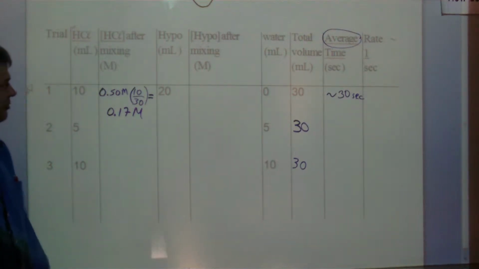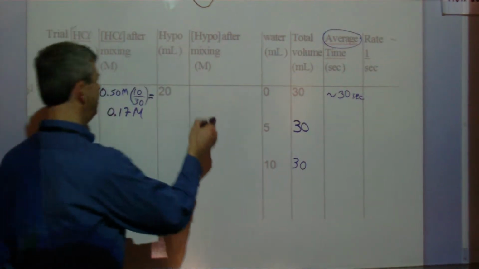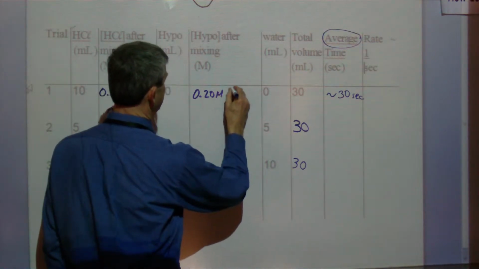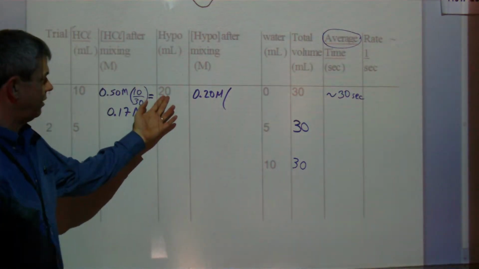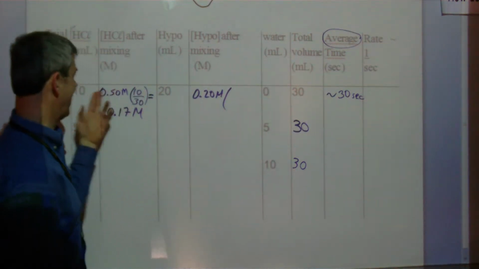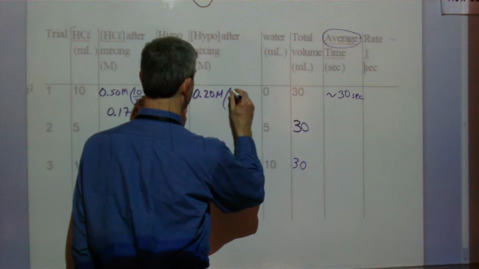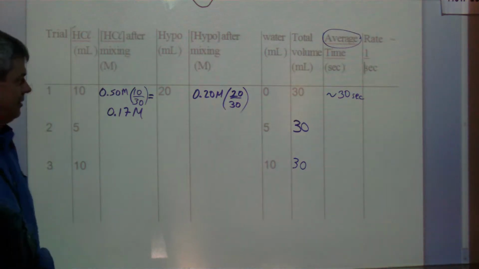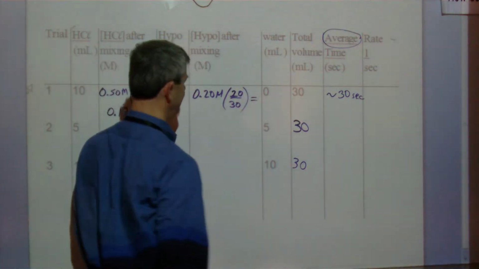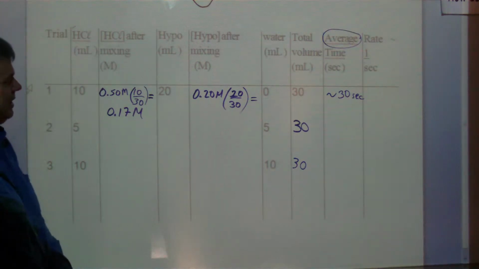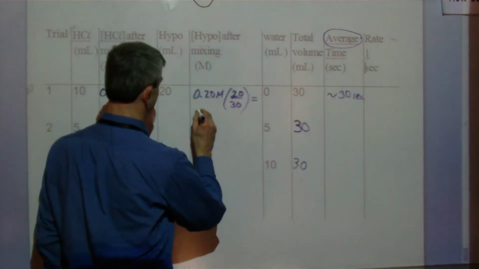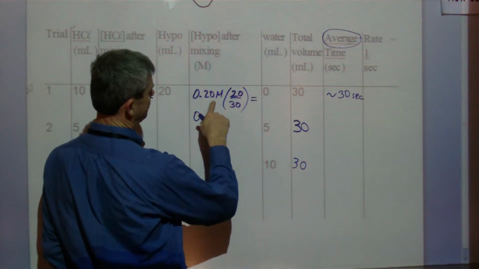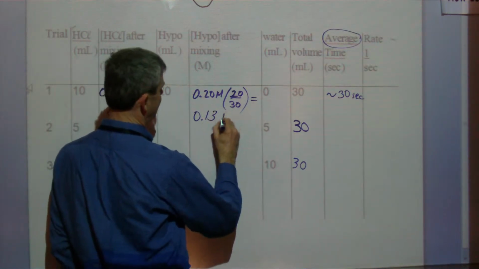to two significant figures. Using the same rationale for our hypo, it started out at 0.2 molar, and we diluted it. Let's see, we started with 20 milliliters and diluted to a total volume of 30 by adding 10 milliliters of HCl, so that would be 20/30ths as concentrated as the original solution, and 20/30ths of 0.2 is going to be, let's see, about 0.13 molar.